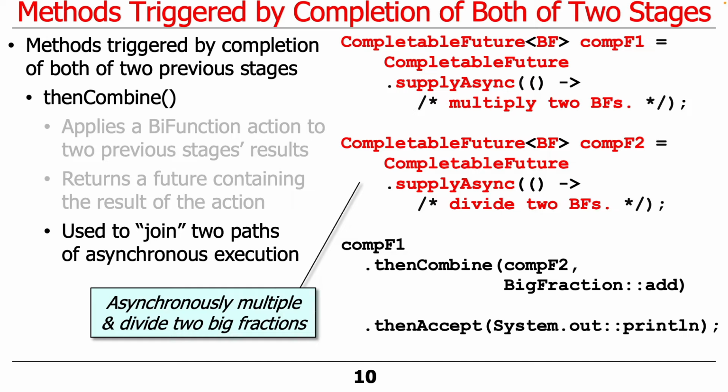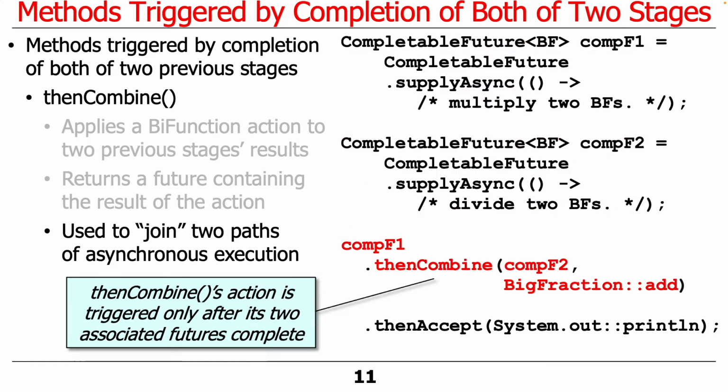Without getting lost in the details, this first one, conf1, is going to multiply two big fractions together, and conf2 is going to divide two big fractions. But those could actually be any old computations we want. I just picked multiply and divide just for kicks. So those two things are going to start running asynchronously.